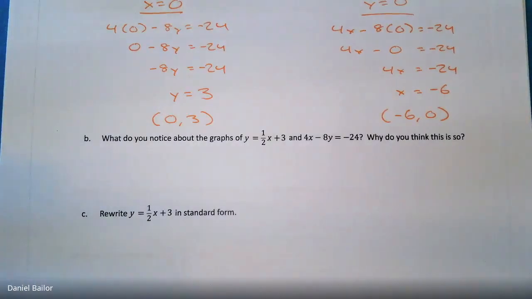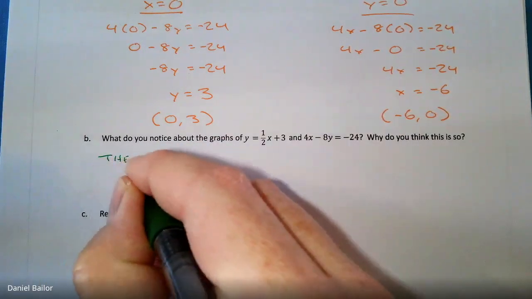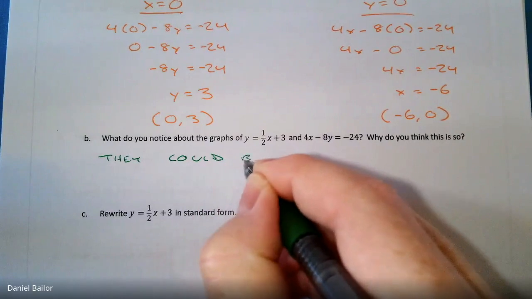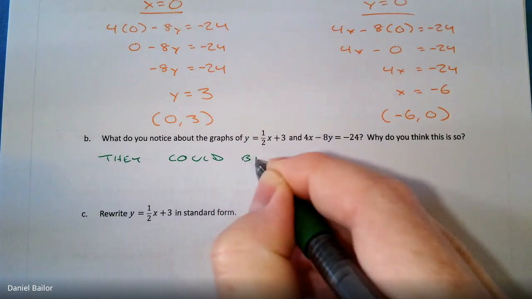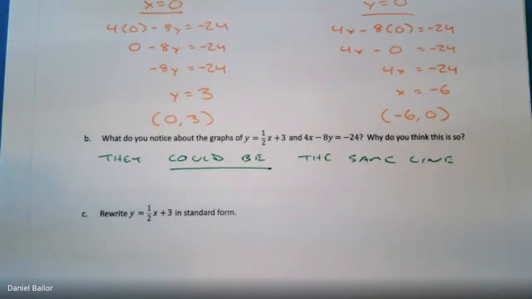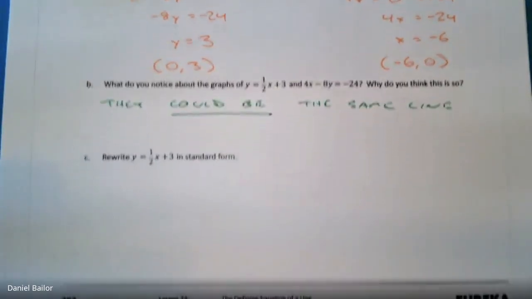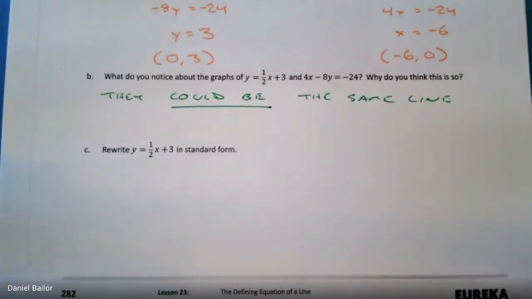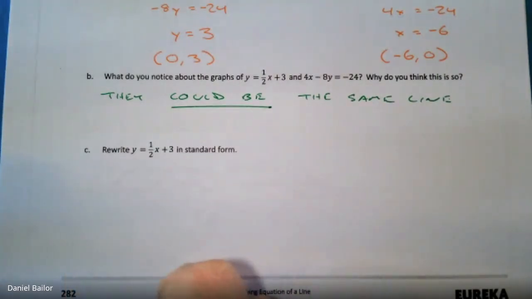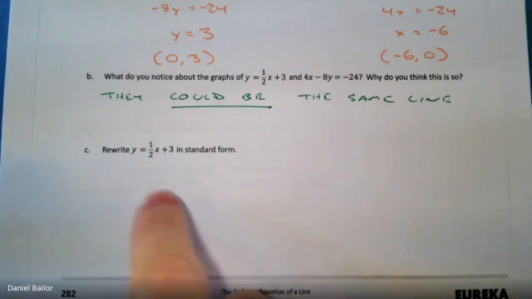But let's say, what do you notice about these graphs? I'm not going to write they are, but they could be the same line. They could be. Let's confirm. Let's check using math, not just graphing, because sometimes I'm a little bit sloppy. But let's confirm by doing the same pattern we did in exercise 1.